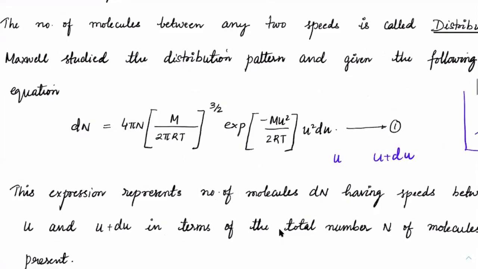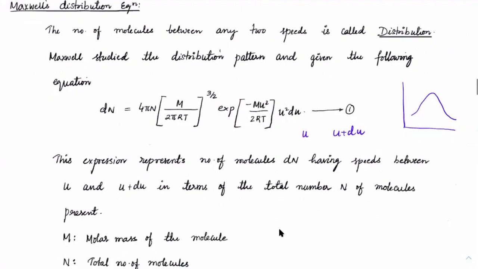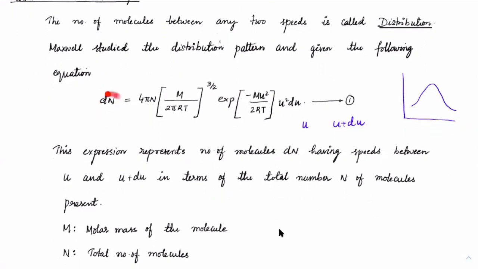This is called the Maxwell-Boltzmann distribution curve. dn is equal to 4 pi N, where N is the total number of particles, times M, the molar mass, divided by 2 pi RT, to the power of 3 by 2, times exponential of minus M u square by 2RT, times u square du. So this expression tells us the total number of particles having the speed range of u and u plus du. I hope all of you understood that.